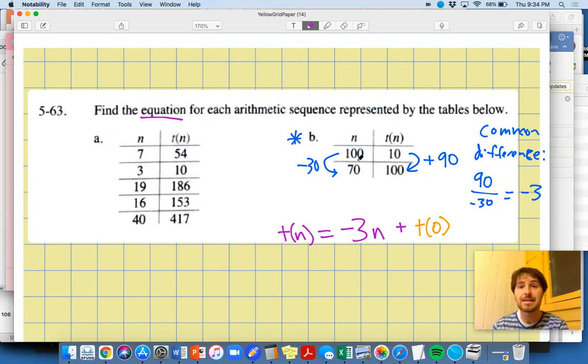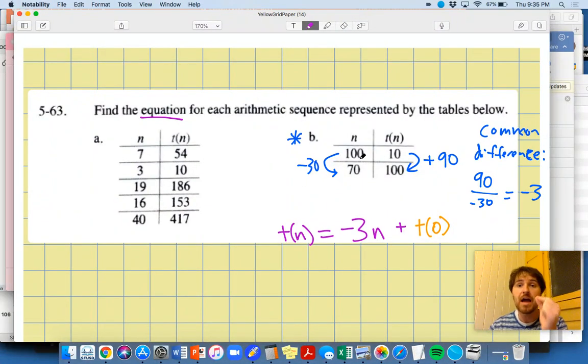First of all, let's look at it. This doesn't work without a term zero, because if I look at the numbers I have here, term number 100, for instance, should have an output of 10. Remember, n is the input, the term number. T of n, for term number 100, I see a 10 there as my answer.